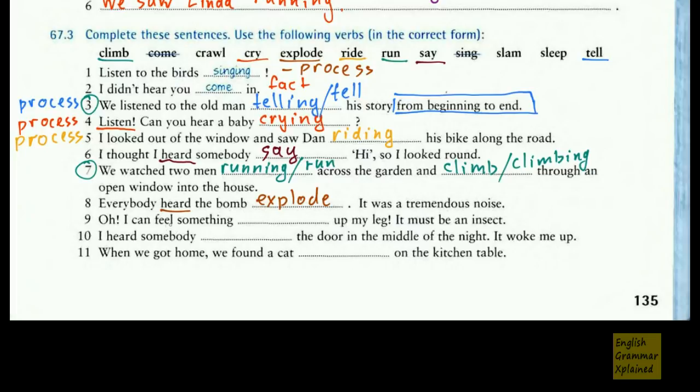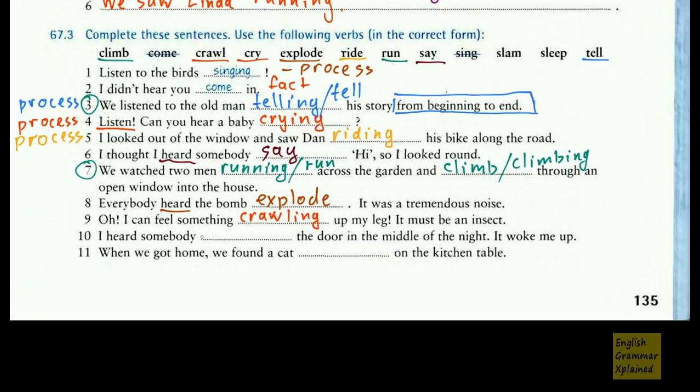Number 9. I can feel something crawling up my leg. It must be an insect. Here is the typical long action, typical process. So I use present participle, crawling.